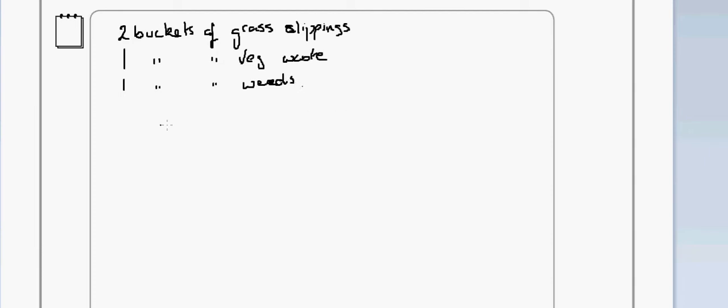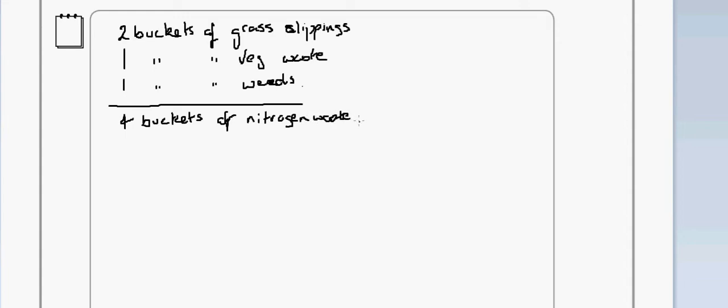Okay, so she has 4 buckets, and this is nitrogen waste.